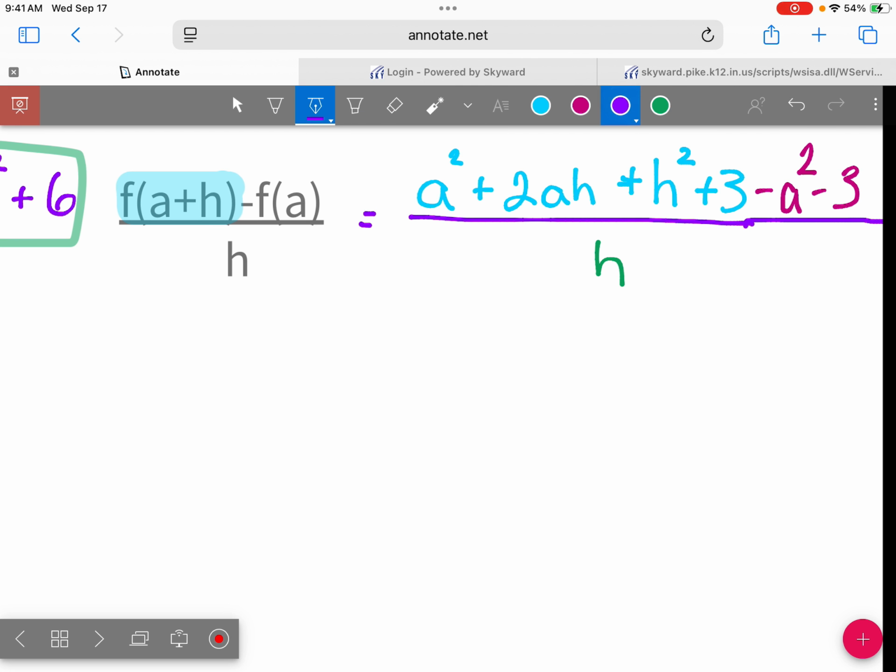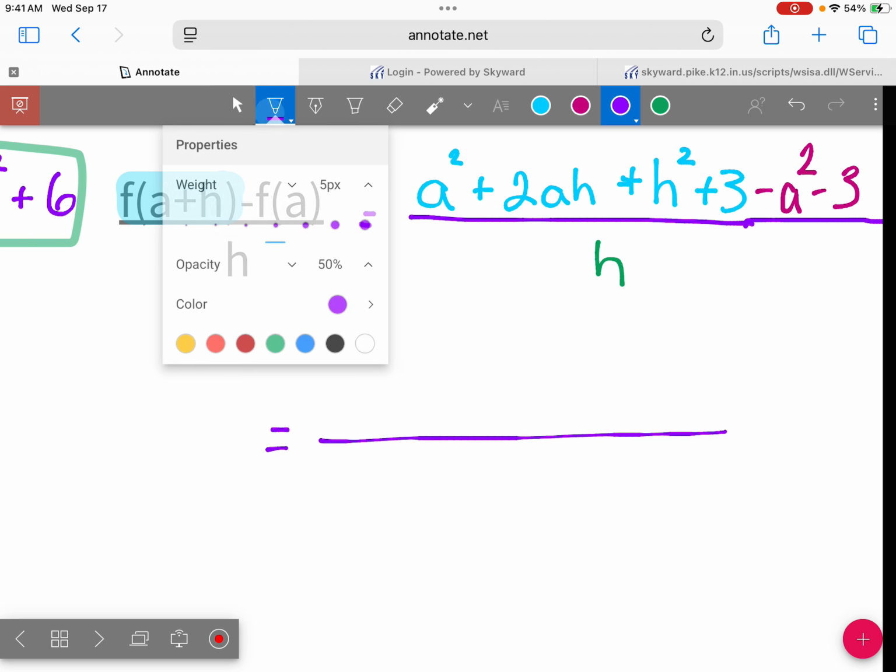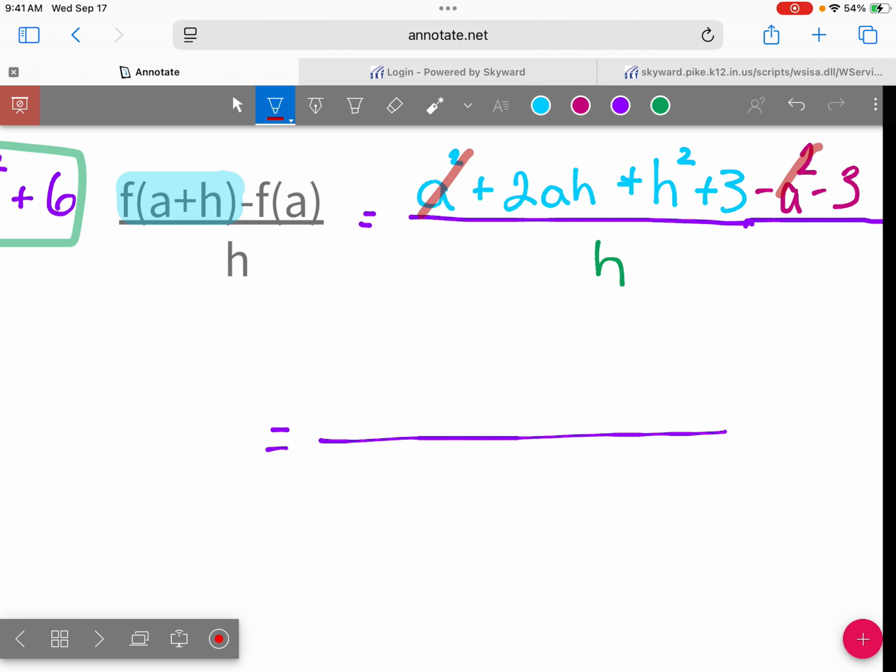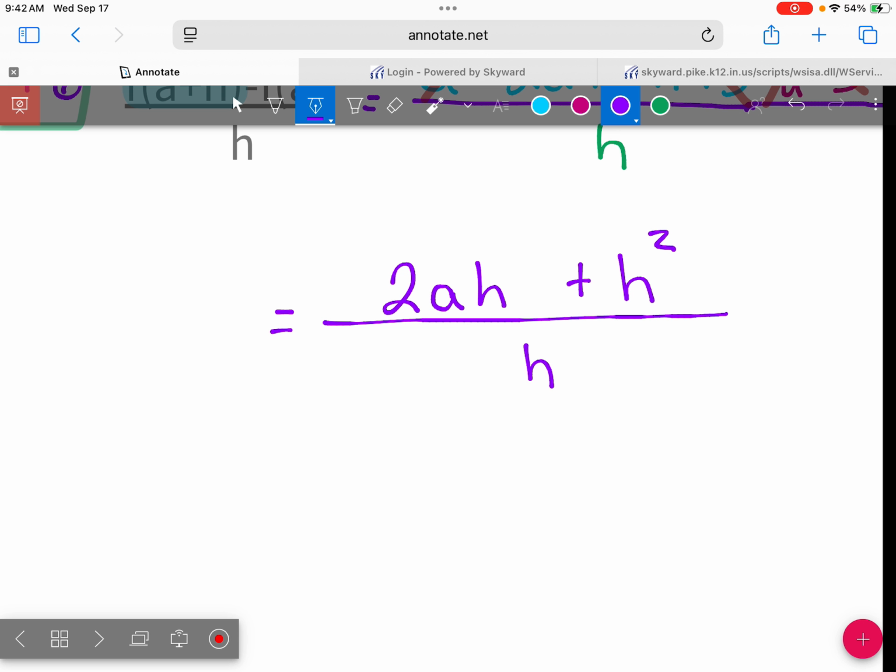In our numerator, we've got some things happening. The a squareds cancel, and the 3's cancel. So we have left in our numerator 2ah plus h squared over h. And this can simplify. What are we going to be left with in our numerator when we simplify? 2a plus h.